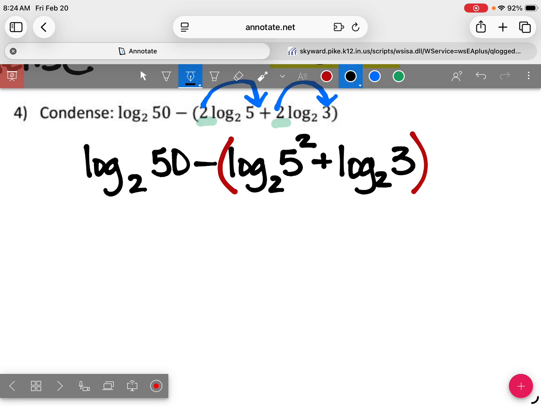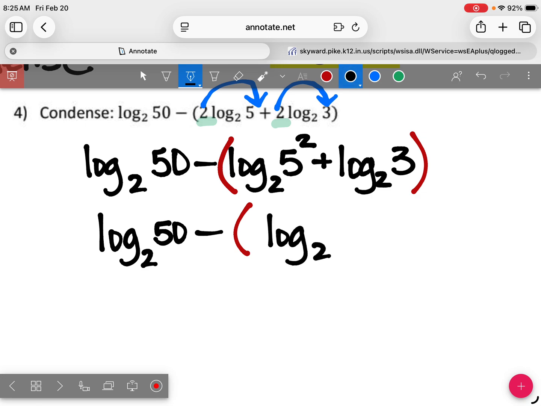So I'm going to log base 2 of 50 minus log base 2 of, and what am I multiplying together? What'd you say, Isaiah? 5 squared, and what else? The 3.